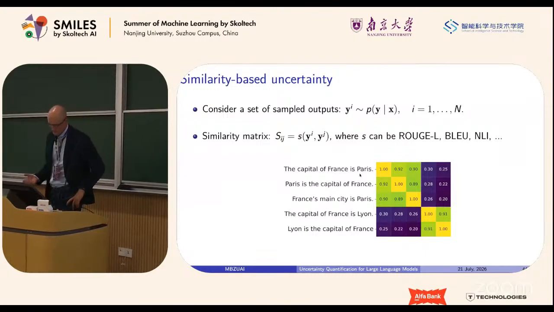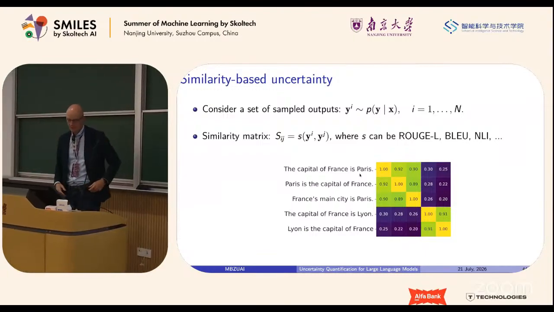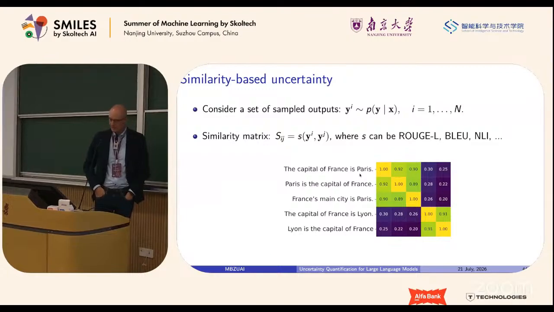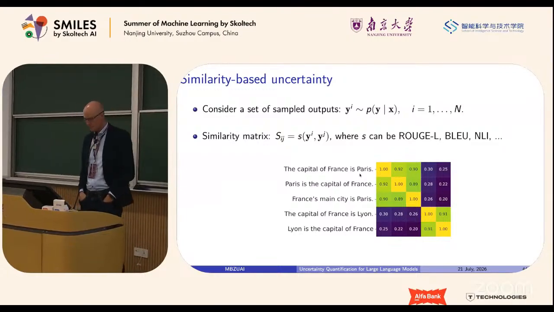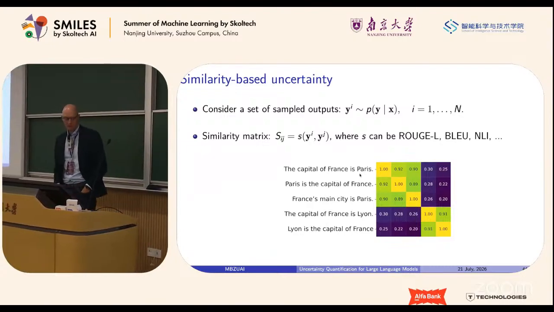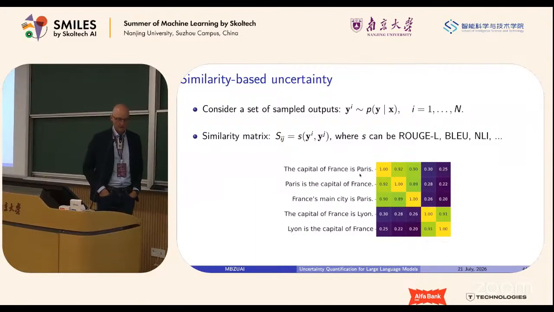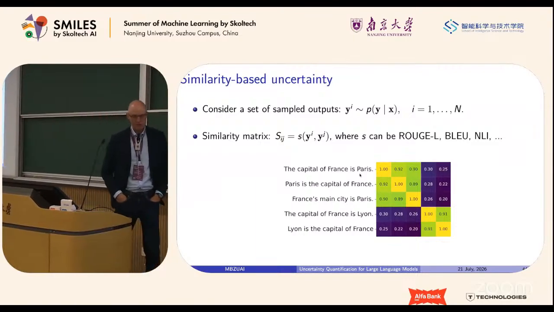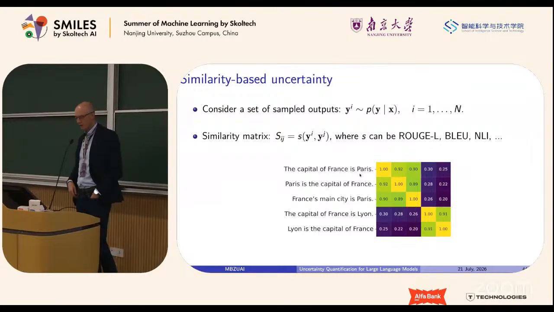But they all express the same meaning. And people realized that we need some measure of semantic similarity before we can say whether a model is confident or not. We cannot just count certain answers.